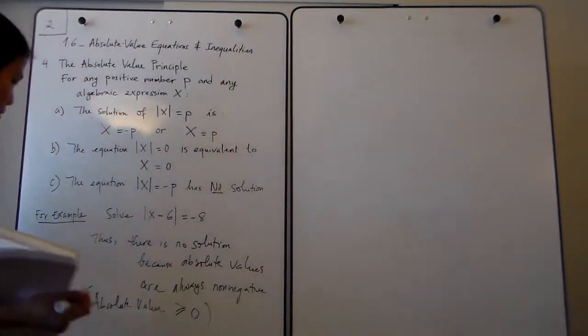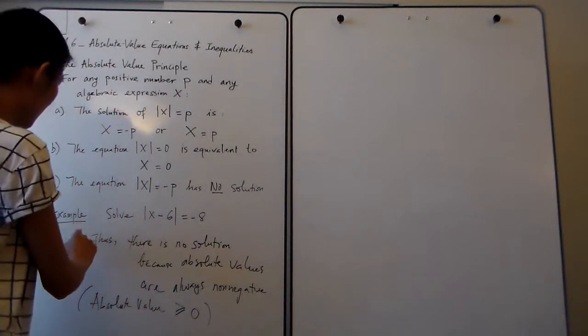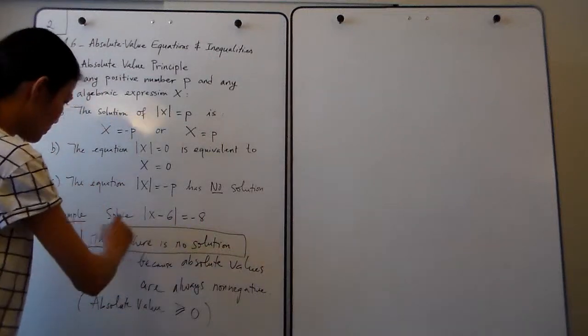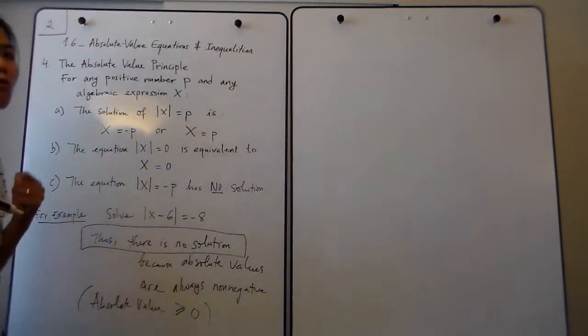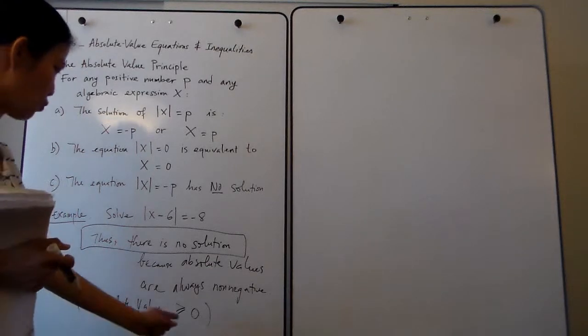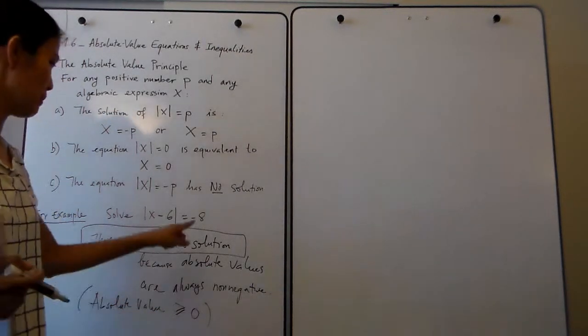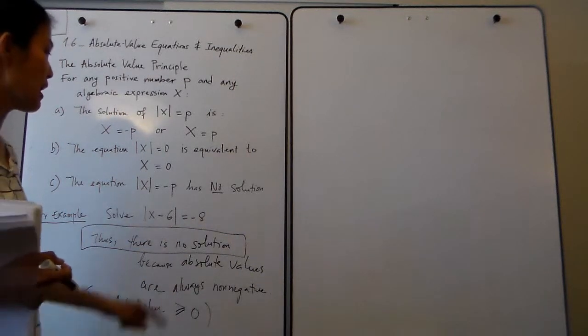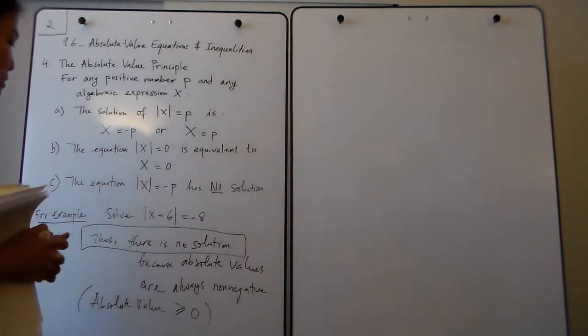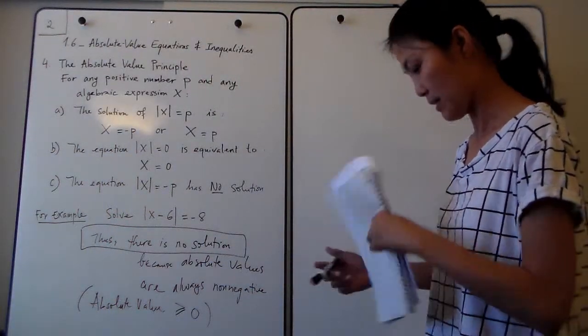So again, the answer for this problem is there is no solution. And if you wonder why, it's because the absolute values are always greater than or equal to 0. It cannot have a negative number. It cannot equal a negative number. Okay. So that's an example.